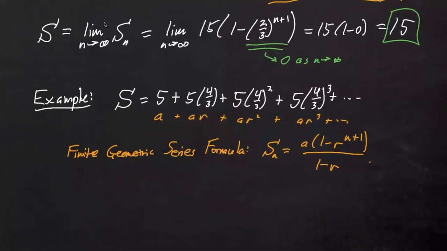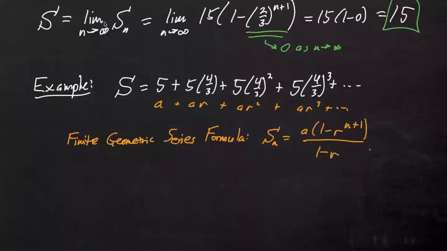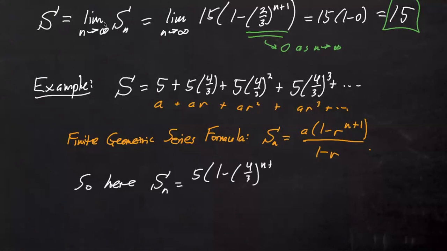And if we plug in A equals 5 and R equals 4/3, we get S sub n, the nth partial sum, is 5 times 1 minus 4/3 to the n plus 1 over 1 minus 4/3.